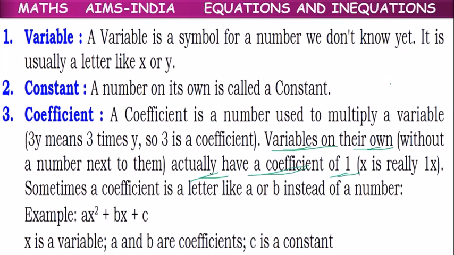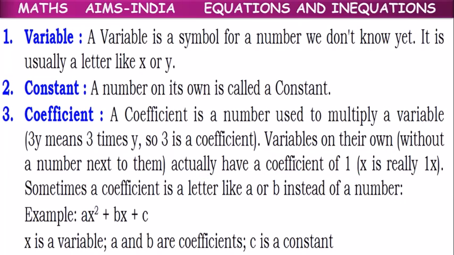Suppose you have a variable x, and before that there is no coefficient. By their own they will have coefficient 1. If there is nothing, we have to assume there is 1. So x can be written as 1 into x, where 1 is the coefficient.